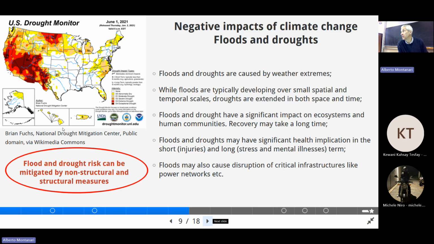Okay, so reducing the water consumption may be a way to cope with the lack or scarcity of water supply.